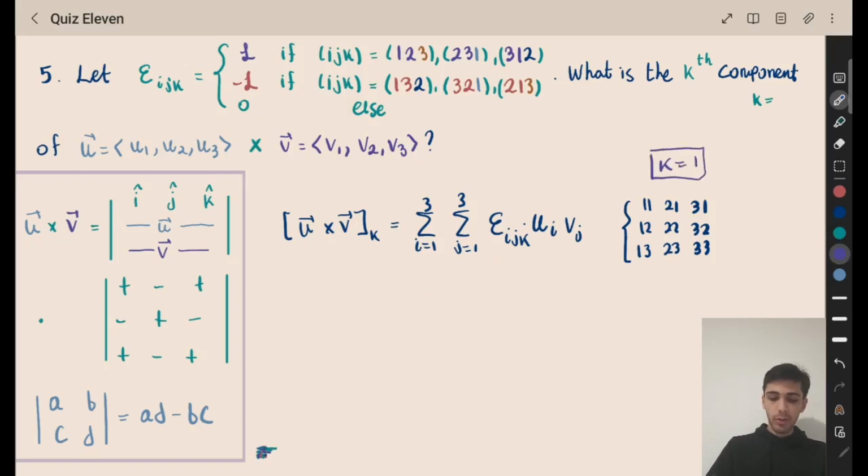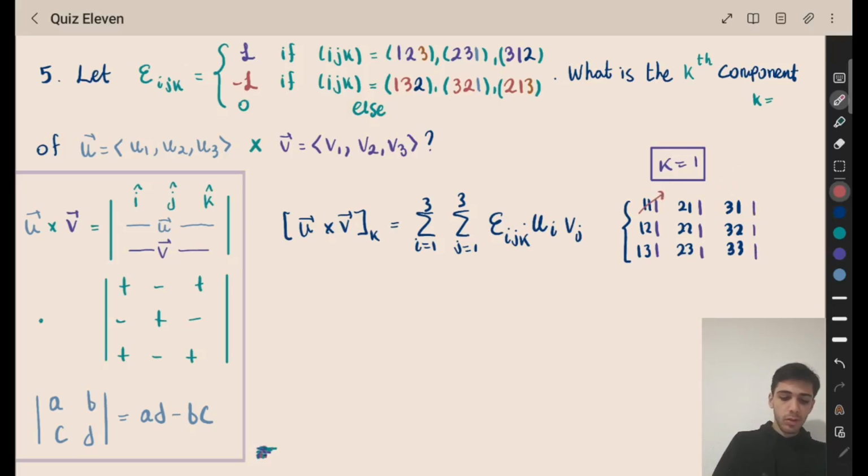So let's say I'm looking at the first term in this u times v. So if k is equal to 1, I'll get 1, 1, 1. So 1 with 1, 1, 1, 1. I'll always put the k at the end. 1, 1, 1, 1, 2, 1, 1, 2, 1. So 1, 1, 1 is 0 because it's in the else case, it's not anywhere here. 1, 2, 1 is 0.